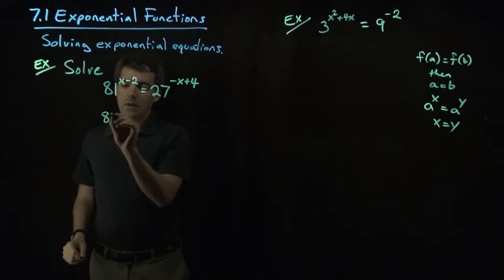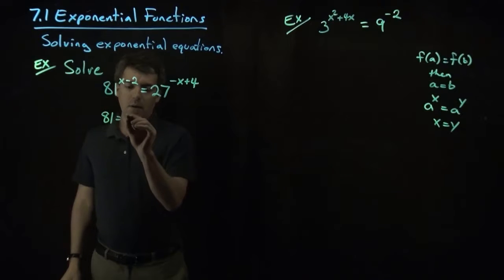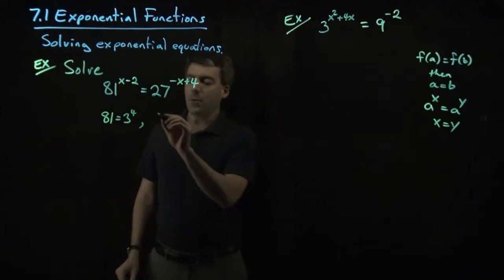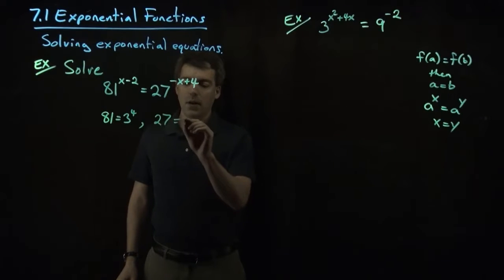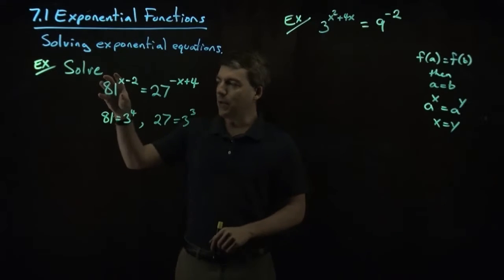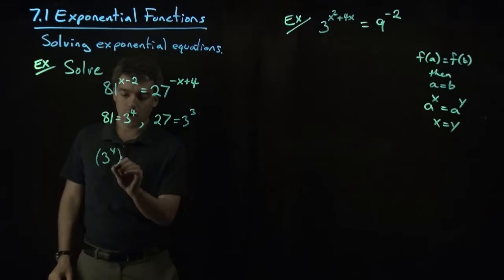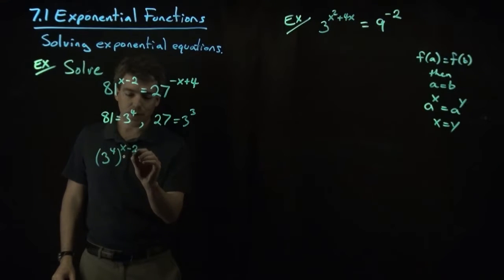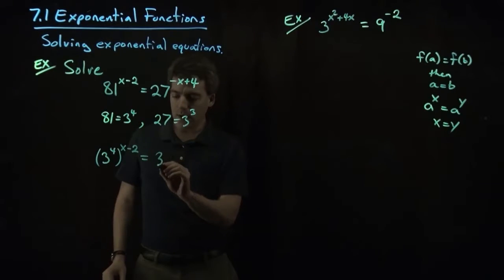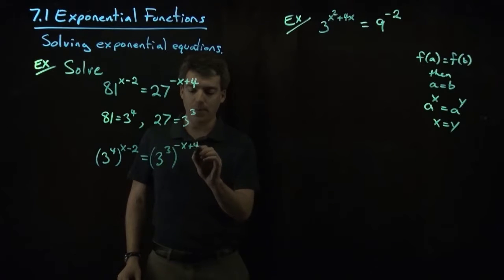We'll take 81, which is equal to 3 to the 4th, and 27, which is 3 to the 3rd. So we'll put in 3 to the 4th raised to the x minus 2 equals 3 to the 3rd raised to the negative x plus 4.